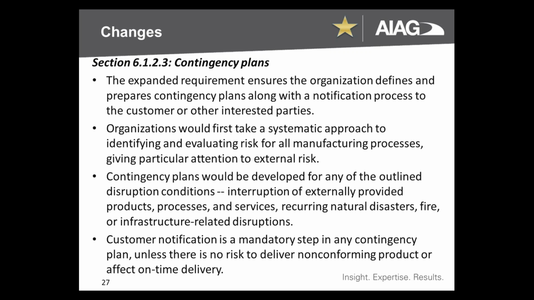Contingency plans then need to be developed for any of the outlined risks, including interruption of externally provided products, processes, and services, recurring natural disasters, fire, or infrastructure-related disruptions. Customer notification should be a mandatory step in any contingency plan, unless there's no risk to deliver non-conforming product or affect on-time delivery.